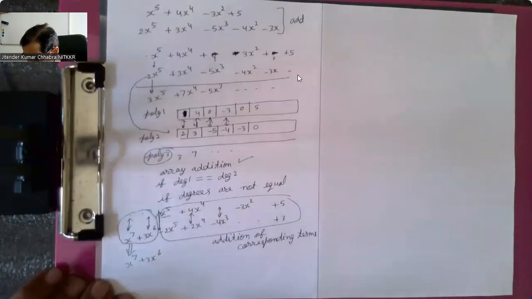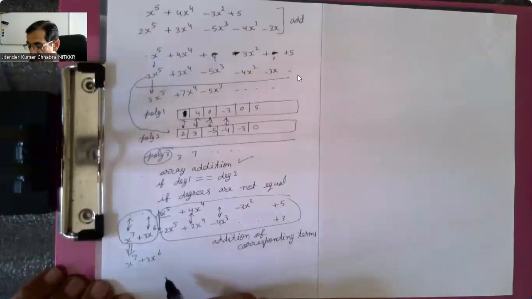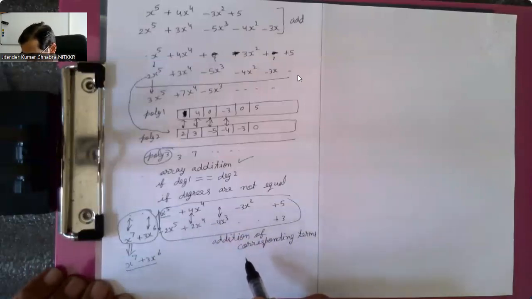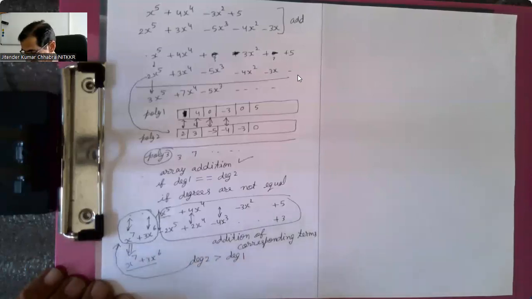So of course it means the solution is in two parts: uncommon or unique terms in one polynomial, and the remaining terms to be added one by one with each other. In this case, degree 2 was greater than degree 1. Hence, I copied the terms from polynomial 2. Vice versa also, similar will be there.